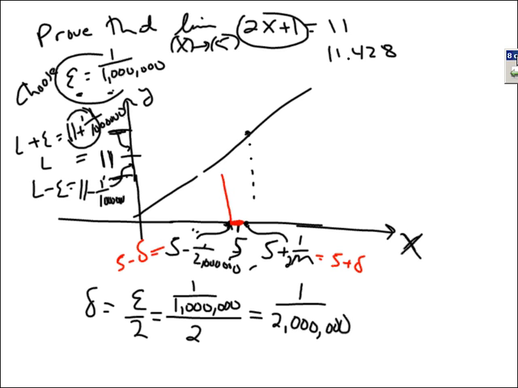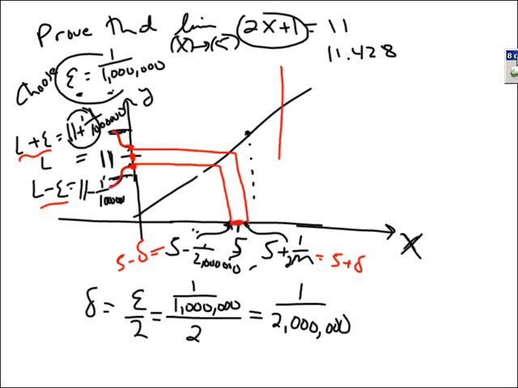The y values are going to end up in between. Not necessarily covering the whole L minus epsilon to L plus epsilon, but it'll be in between.